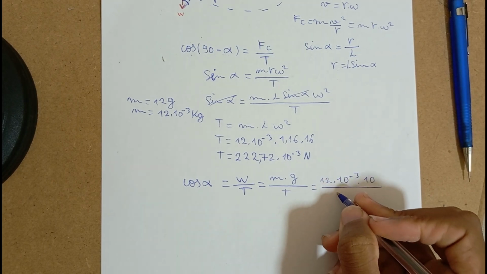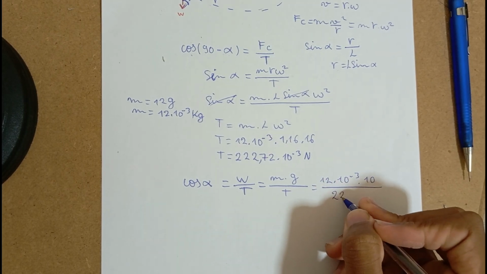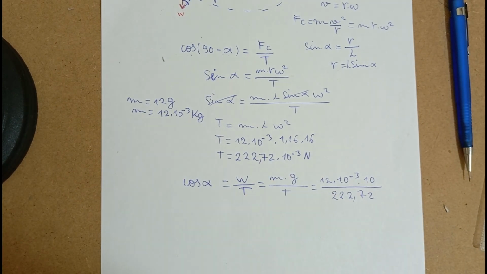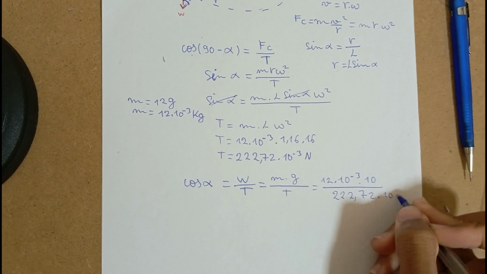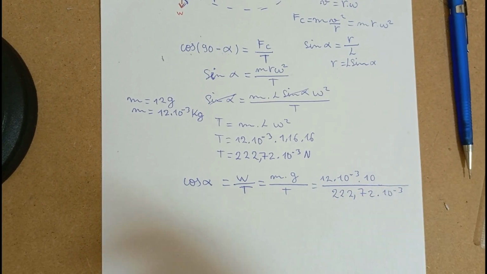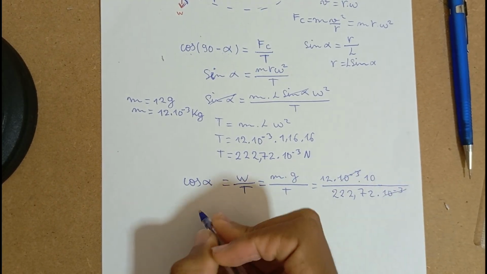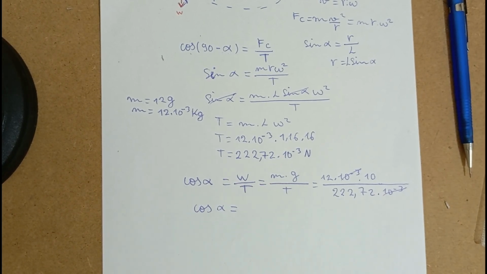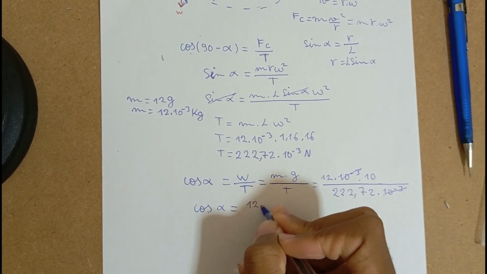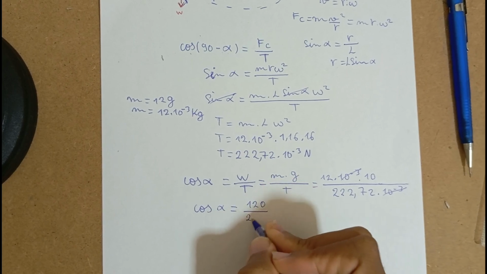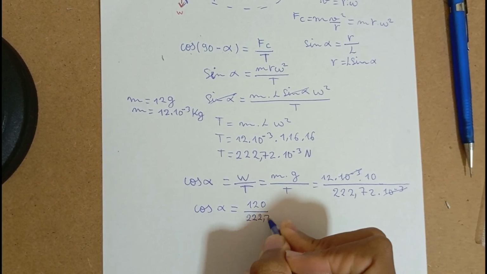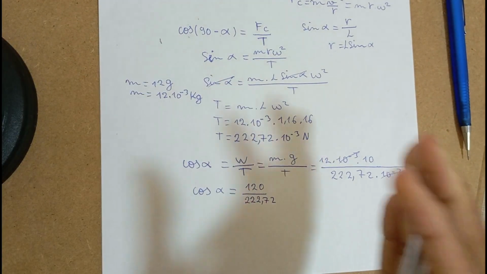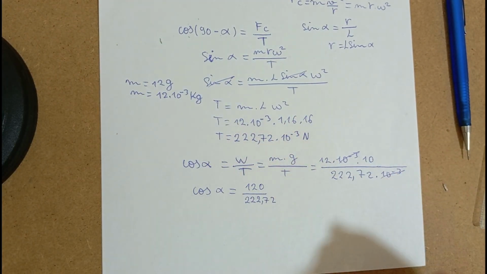Yeah, we can cancel this and this. So we get cosine of alpha equal to this. Good. Now I want alpha, not cosine of alpha. Don't worry, my baby. Don't worry.